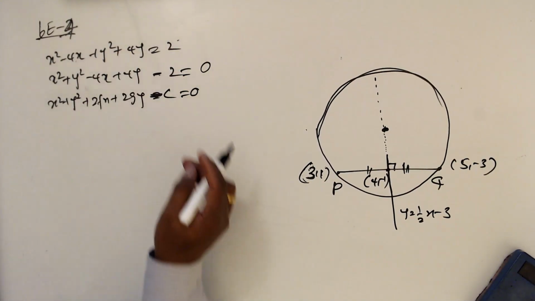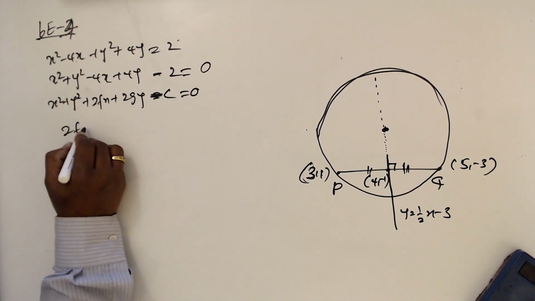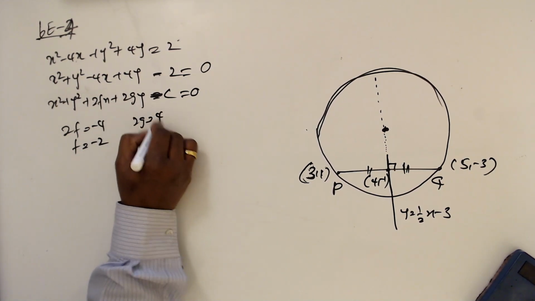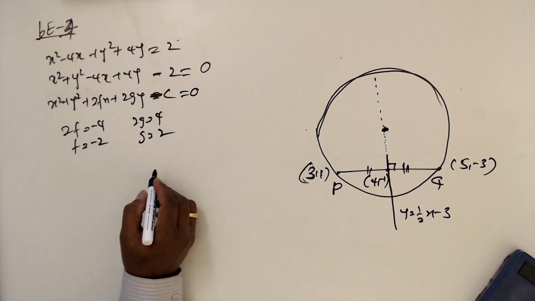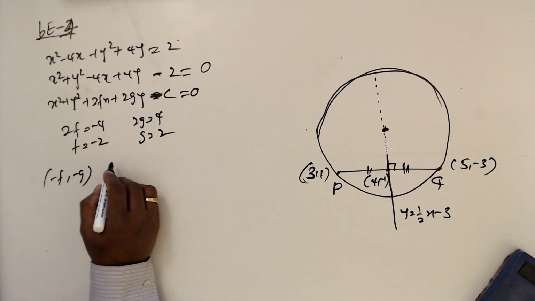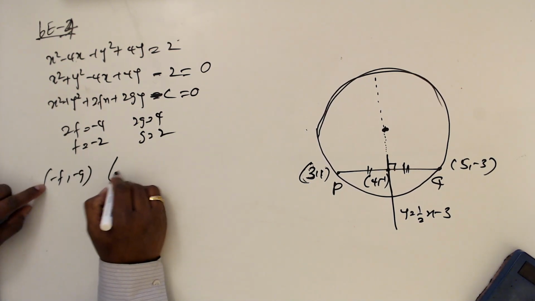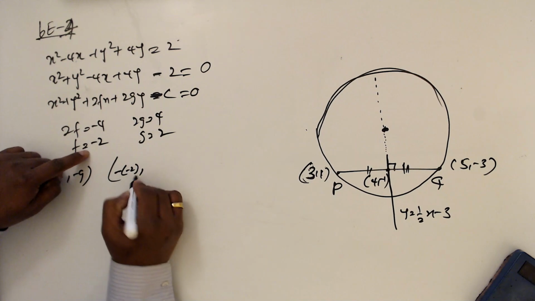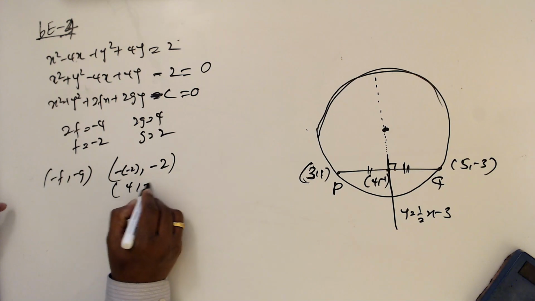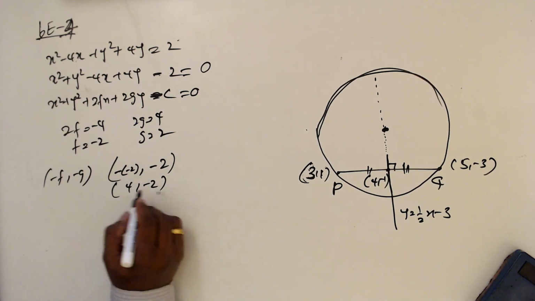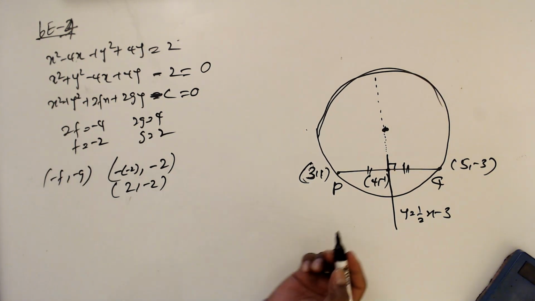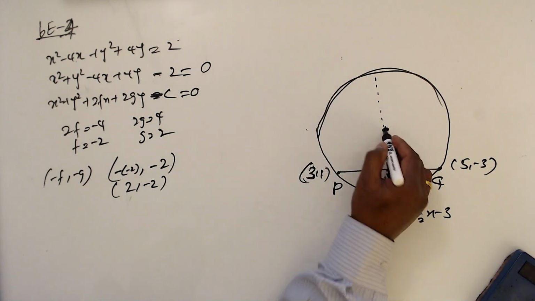I'll take the 2 to the left side. Now 2f is -4, so f = -2. 2g is 4, so g is 2. Now the center is (-f, -g). Then -f means 2 and -g means -2. So the center is going to be (2, -2). So now I found the center.